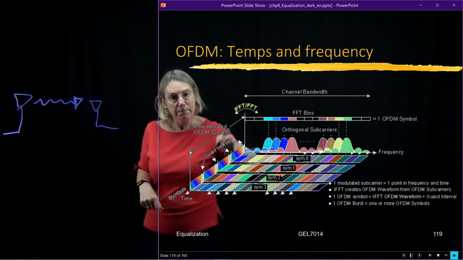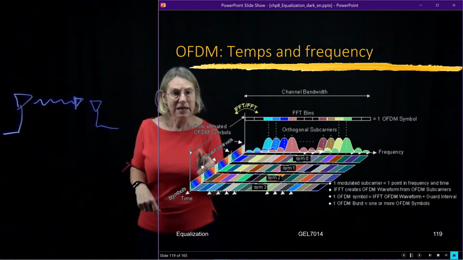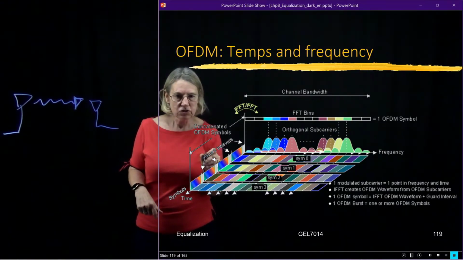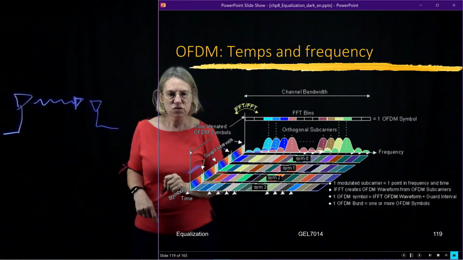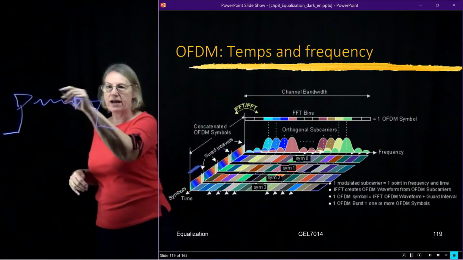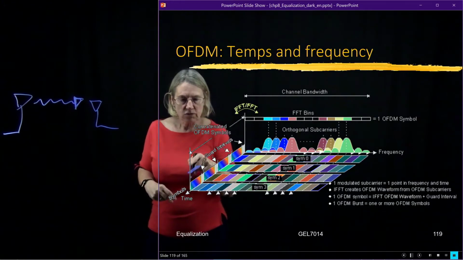I'm breaking it up into OFDM symbols of a certain given time, and during that time nothing is changing in each one of those frequency bins. During this time there's one vector of symbols being transmitted, and in the time domain I'm showing it being any old thing, very varying.